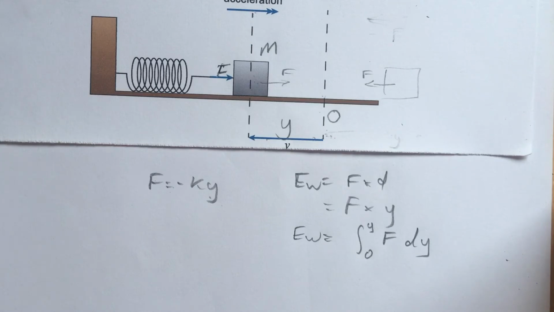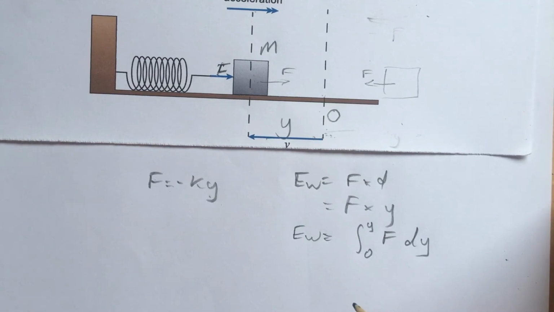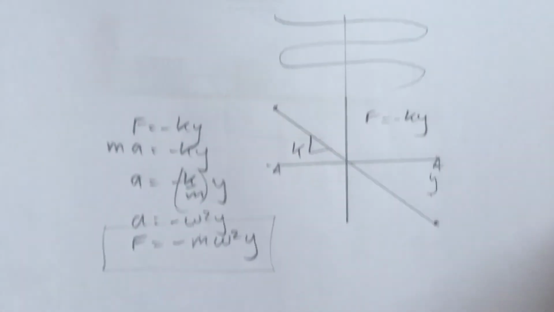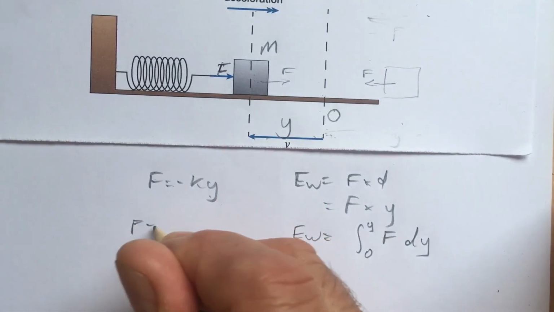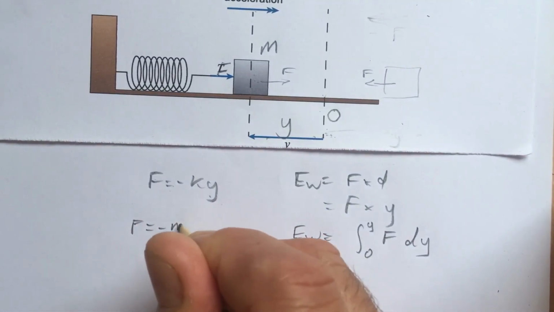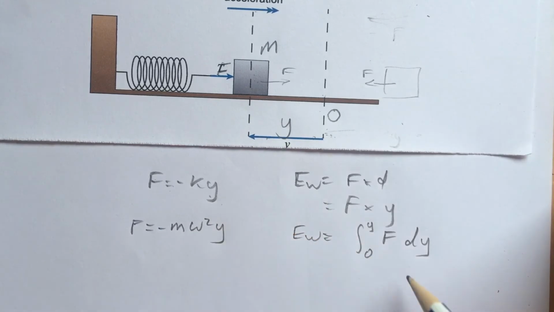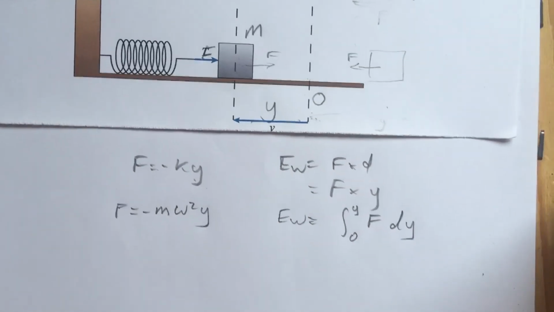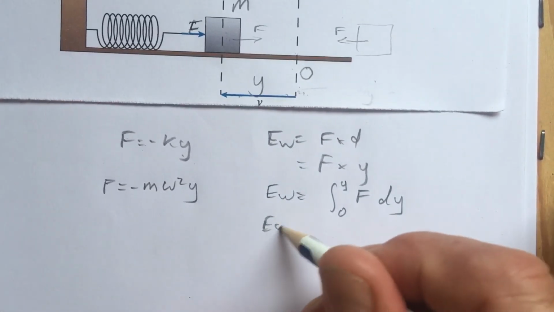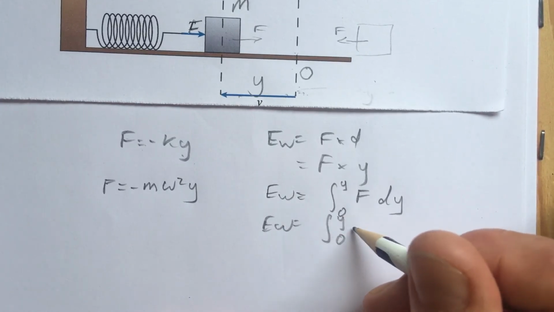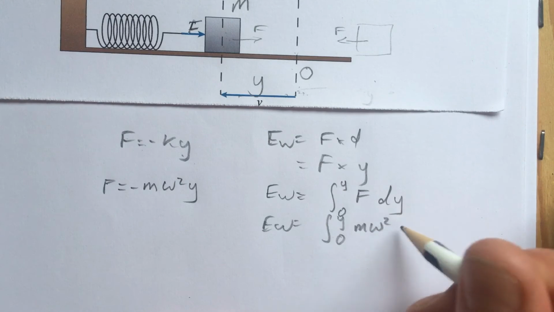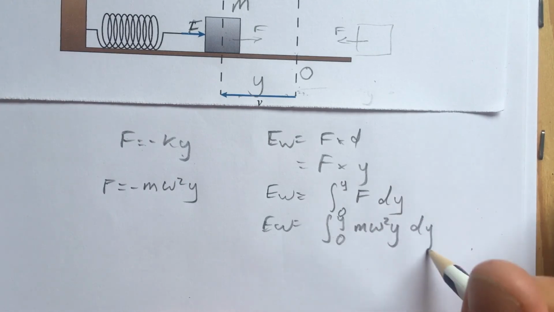So we need an equation for force in terms of displacement, which is where this one comes in again. So we've got F equals minus m omega squared y. If I put that in over here, we've got W equals the integral between y and 0 of m omega squared y dy.